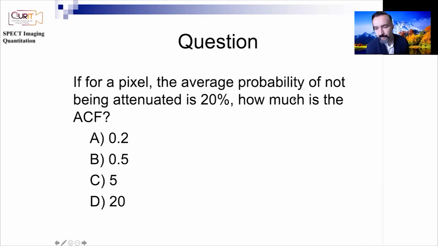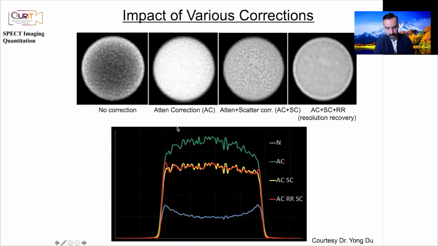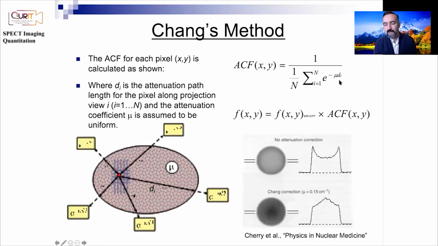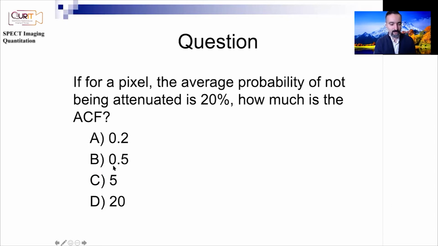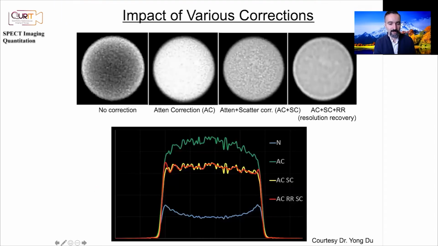Most of you selected C as the correct answer. And again, going back to this formula, we were saying that the average probability of survival, of not being attenuated, was 20%, meaning 0.2. So 1 over 0.2 gives you a factor of 5. So the correct answer is C, 5.